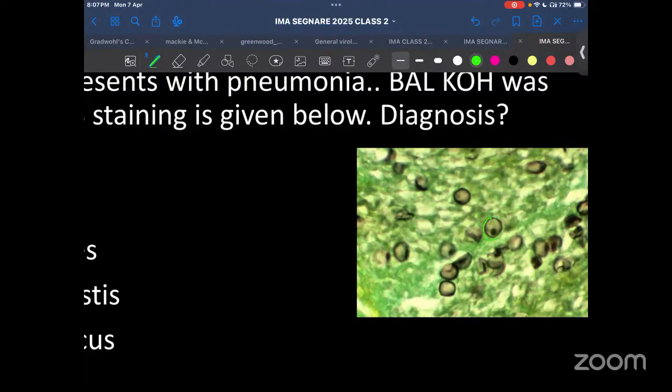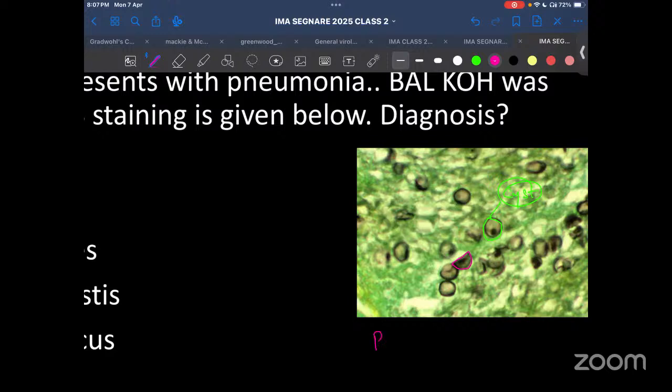See, these are cysts. This is the only fungus with a cyst form. And there is a particular shape for the cyst also. It looks crushed or crumpled. It looks like a table tennis ball that has been crushed.